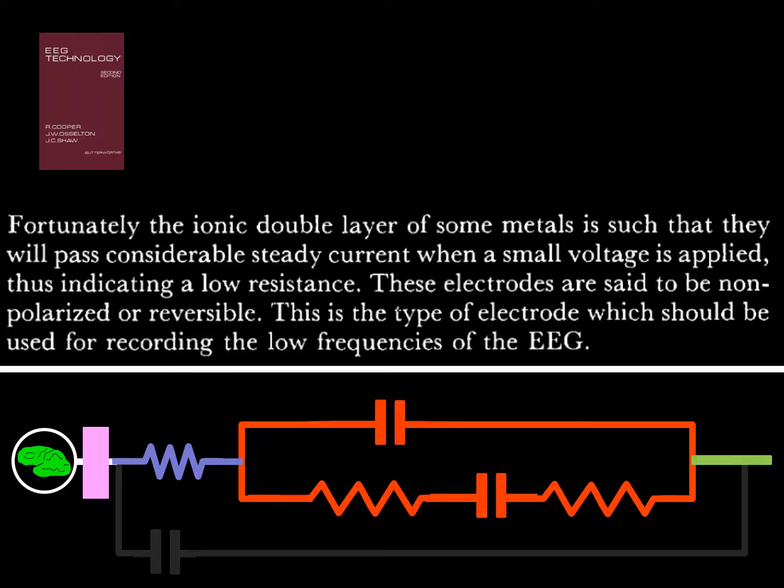I will label all its components, so if you have forgotten them, you do not have to go back and read them again. The arrow points to the brain and the skull. Next is the skin. Next, the resistance to ionic conductance of the gel.